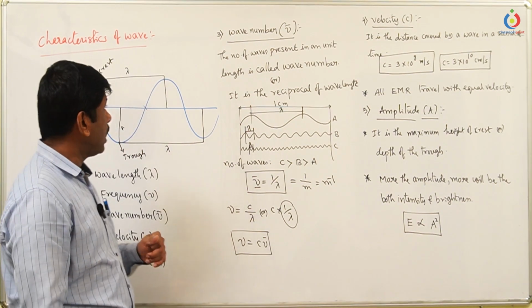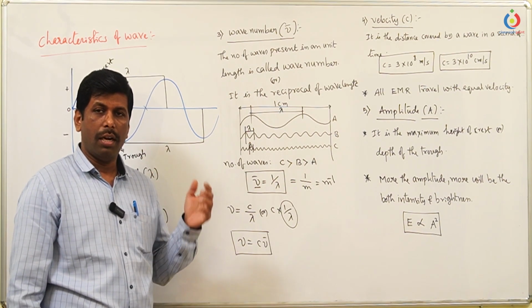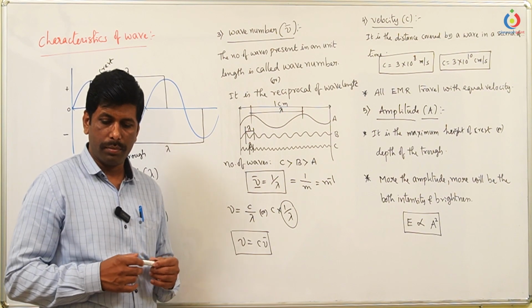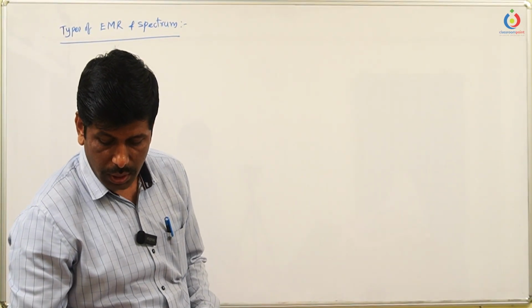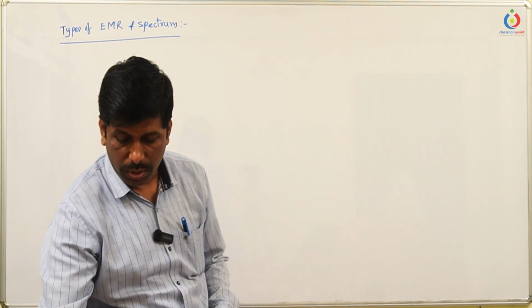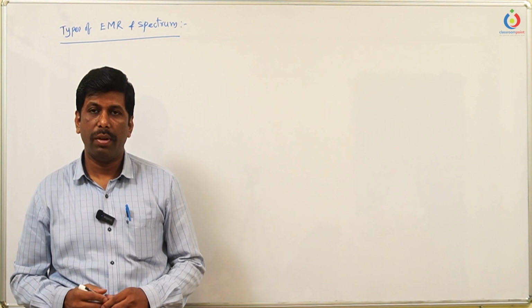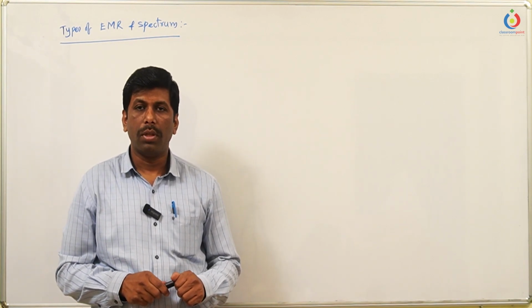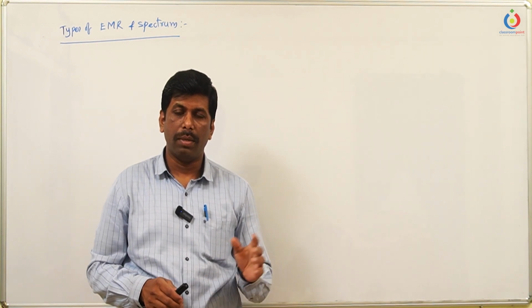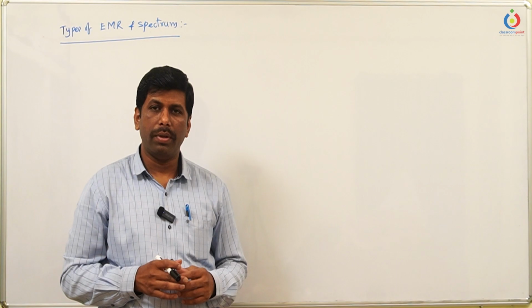Now let us see how many types of electromagnetic radiations there are and how we can segregate them. So far we discussed the characteristics of the wave: wavelength, frequency, wave number, velocity and amplitude. Except amplitude and velocity, the remaining all depend on the type of the waves.